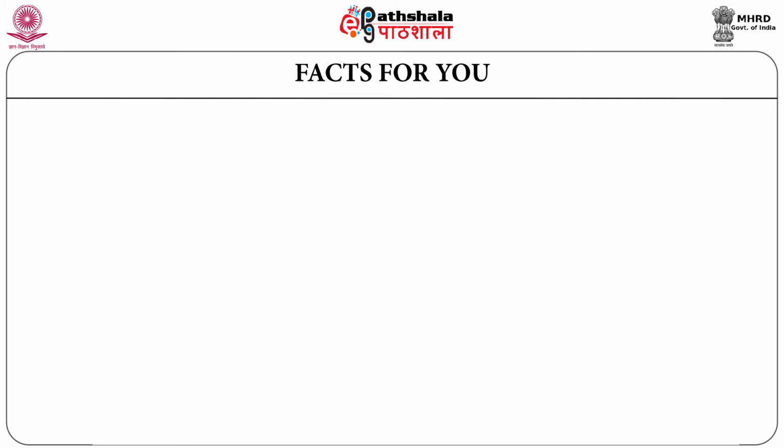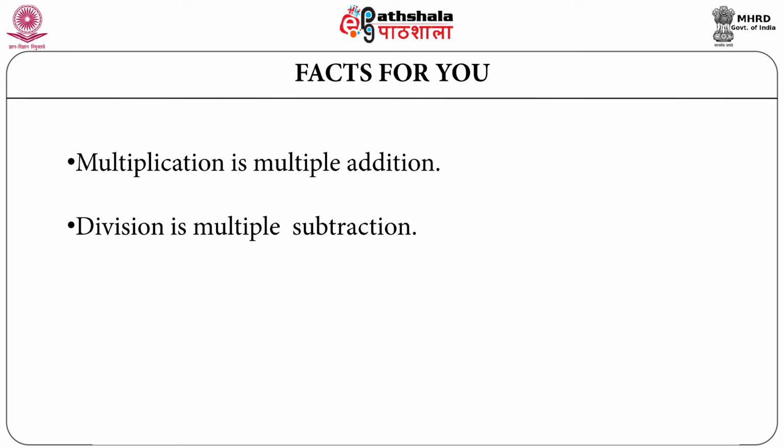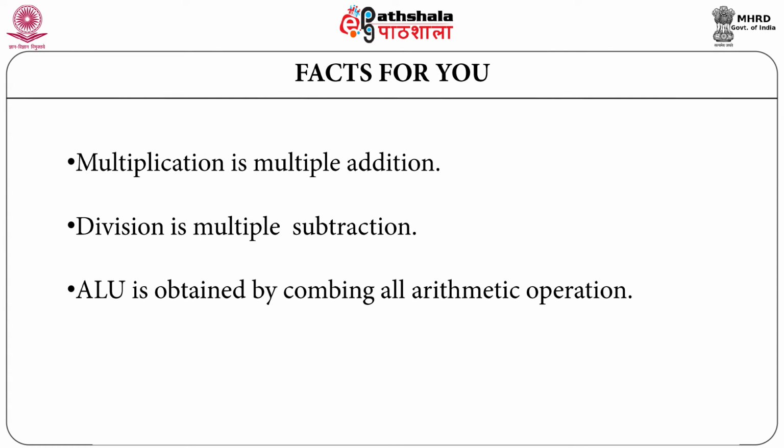The circuits which were described find a lot of applications in arithmetic units. For example, multiplication is multiple addition, division is multiple subtraction, and the ALU basically carries these 4 operations: addition, subtraction, multiplication and division.